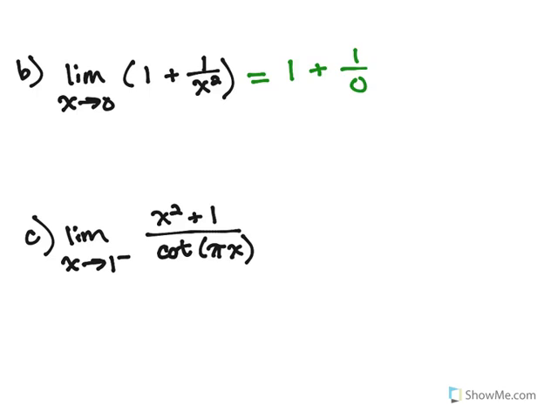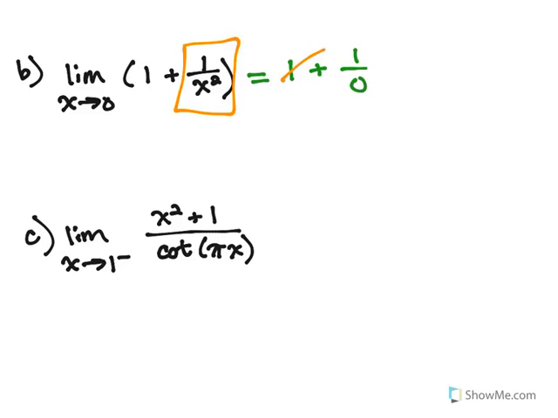We have to decide. But compared to positive or negative infinity, does that 1 matter? So we're not looking at this 1 anymore, because it doesn't matter compared to infinity. But we are looking at this term.